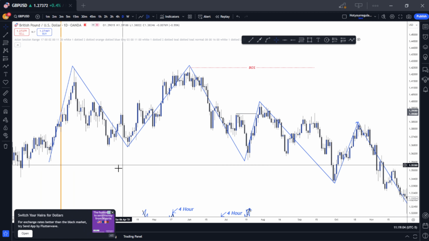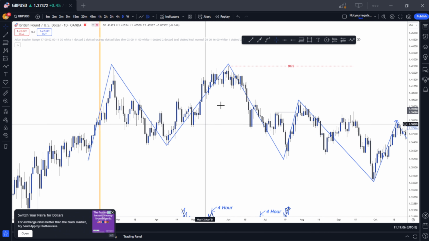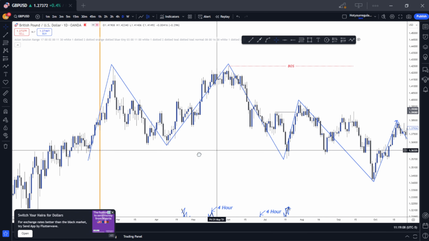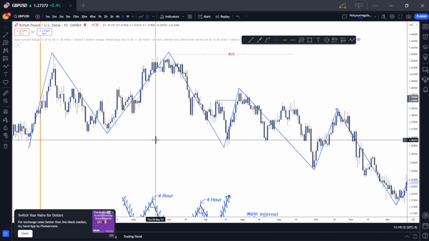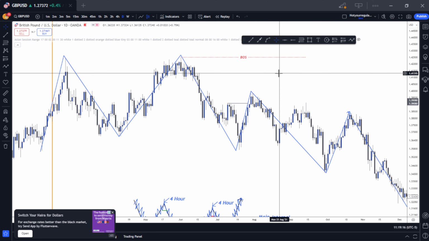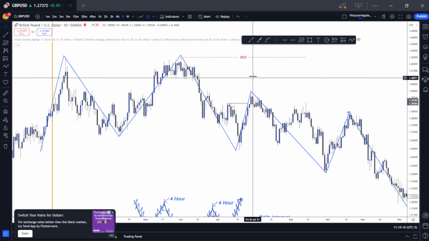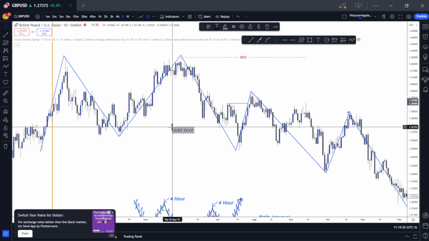Then you mark your internal structure. So it's the internal structure that builds the higher time frame structure. That's our main structure.